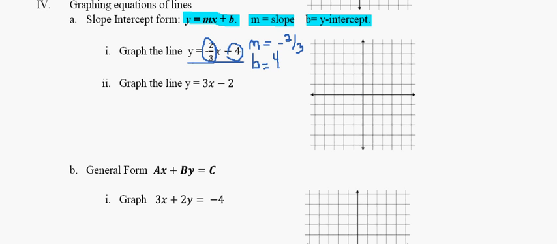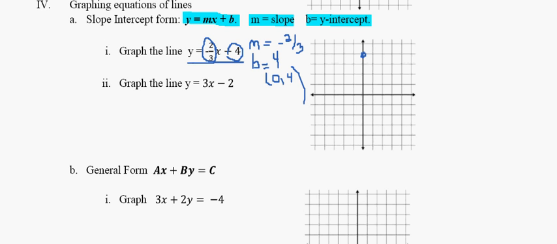Okay? This is just like what we did earlier. I go to 4 on the y-axis, and again, I have a point and a slope. The point is my y-intercept. This is the same as the point 0, 4. So I do have a point and a slope. It just happens to be a special point called the y-intercept. So if I were to graph this one, I would go to 4 on the y-axis.